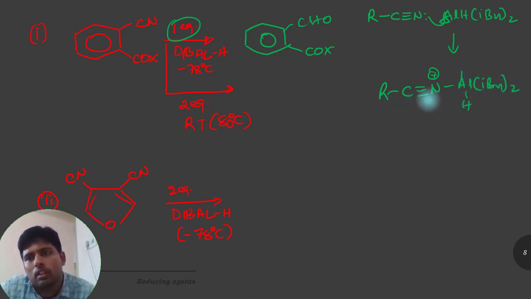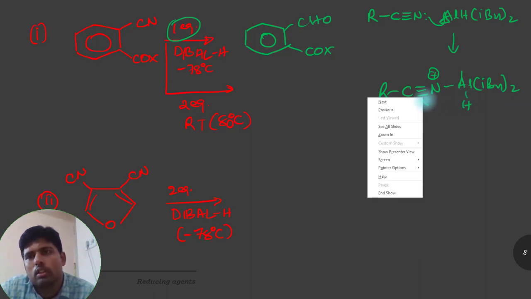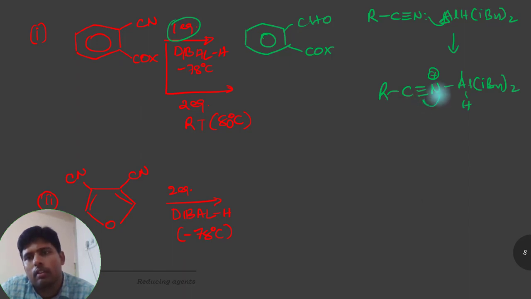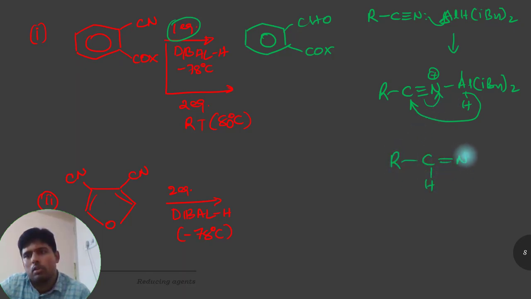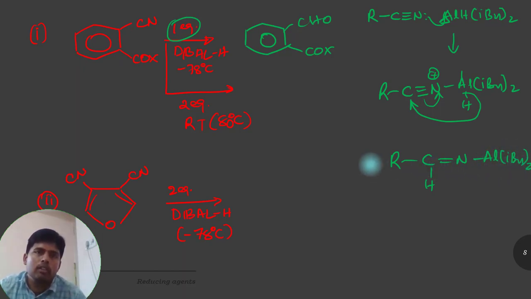So here there is a shifting of bond from here to here, and this hydride will attack carbon. So it will form RCH double bond N AL IBU twice. So this is the intermediate which is formed in this mechanism, this pathway, when you use one equivalent.